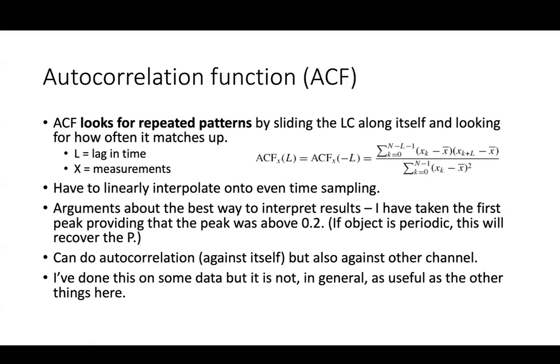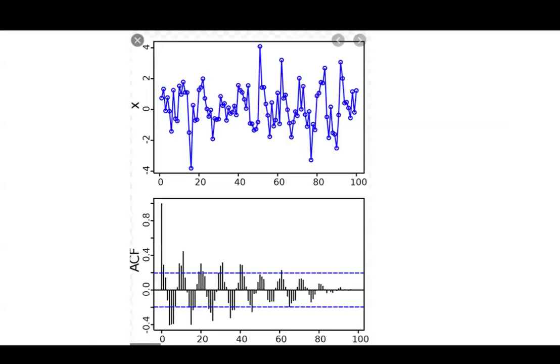The autocorrelation function is sometimes abbreviated ACF. What it's doing is looking for repeated patterns. It slides the light curve along itself. For example, we've got a light curve at the top, and I'm going to slide it with respect to itself and calculate the result at each step. The bottom there is the calculated autocorrelation function.